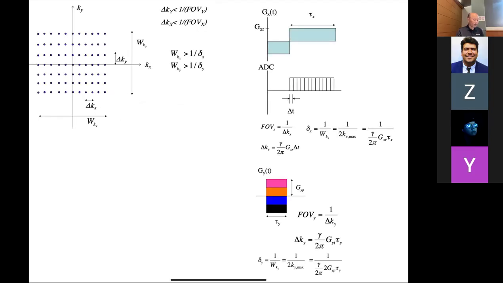Okay. In terms of the pre-lecture quizzes, I think everyone did really well. The thing to remember is that delta kx has to be less than a certain number, whereas w kx has to be greater than a certain number. So the greater than and less than is important to keep in mind. The other question was about the G max for this maximum.